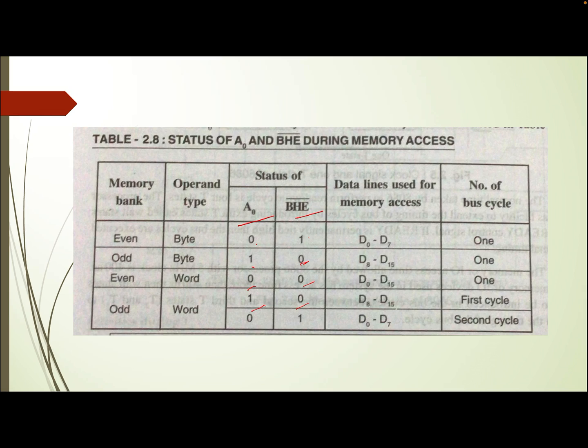In the first bus cycle, A0 is made high and BHE is made low. In the second bus cycle, A0 is made 0 and BHE is made 1. Accordingly, the different data lines are selected. In the first 3 cases only a single bus cycle is needed, but in the last case 2 bus cycles are needed.